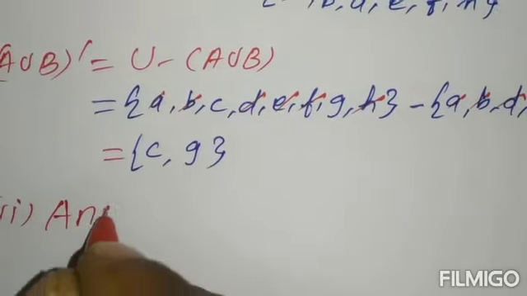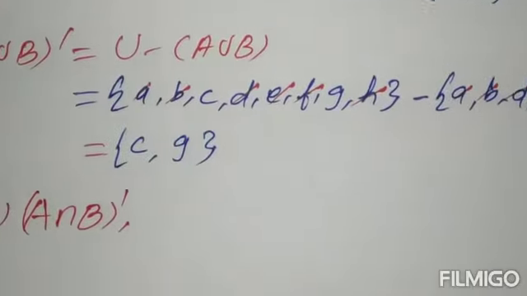The sixth one is A intersection B the whole complement.